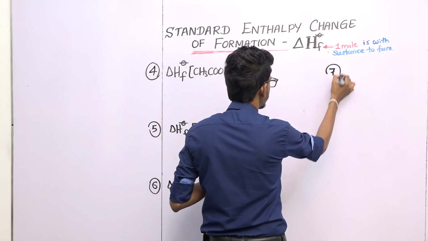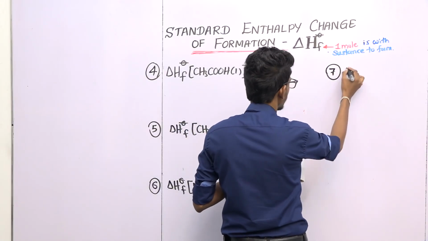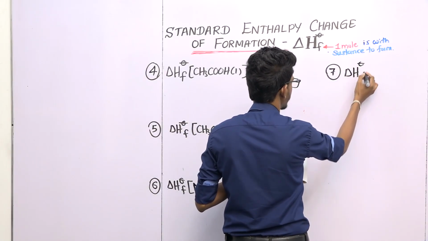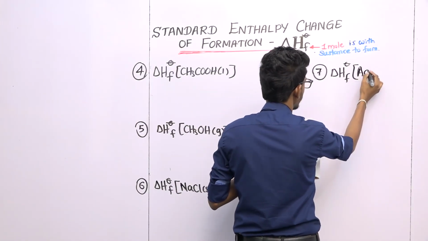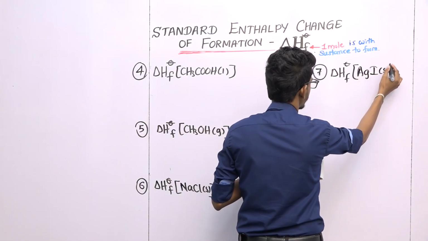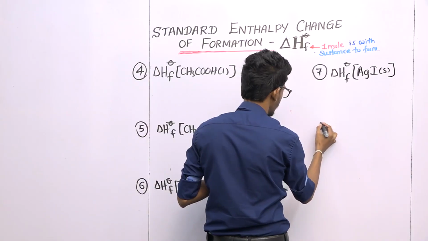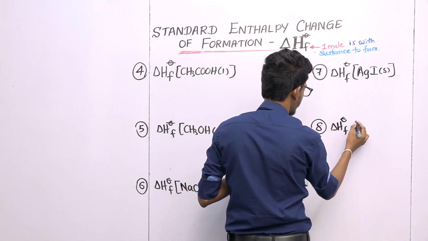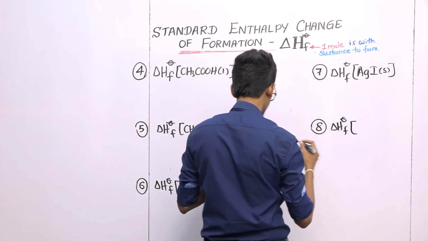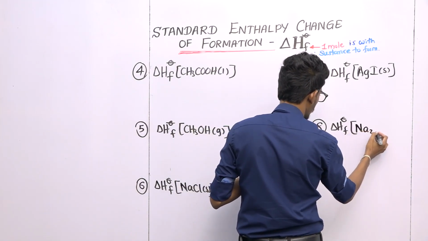Number 7, delta H naught F, AgI solid. Number 8, delta H naught F, Na2O solid.